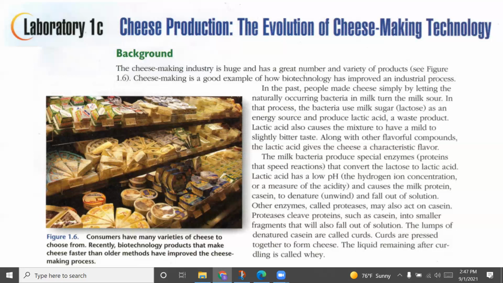Check the front. If it's close, like this one is close enough, that's fine.